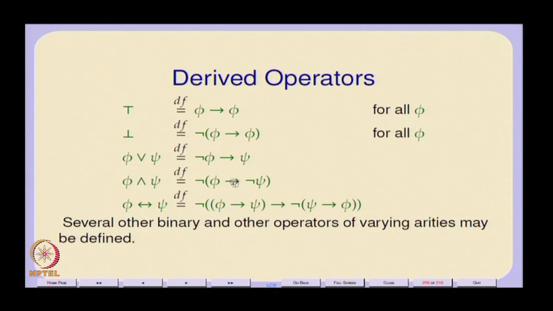Okay. So, what we need, our proof system of course, otherwise will. So, by definitional equality what we are saying therefore is, any time in any proof we encounter one of these left hand side symbols, we should be able to replace it by its definition on the right hand side.